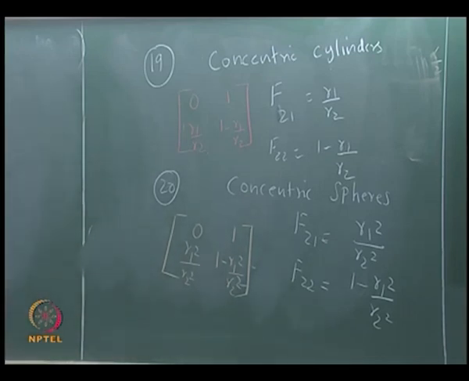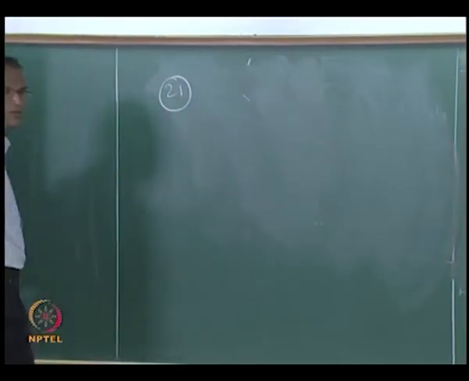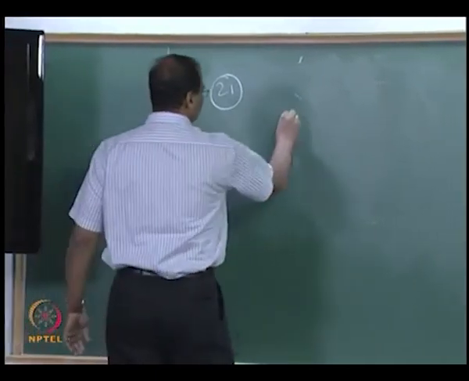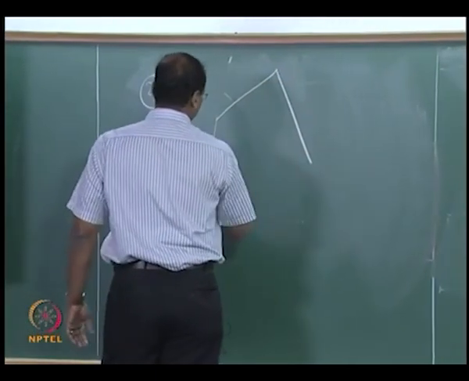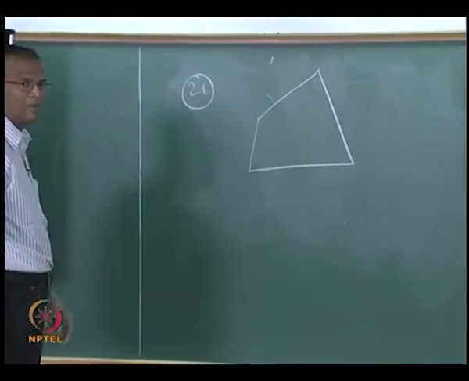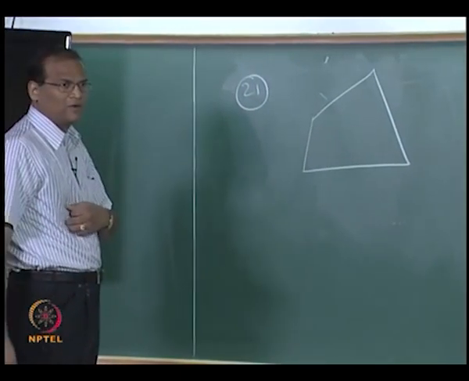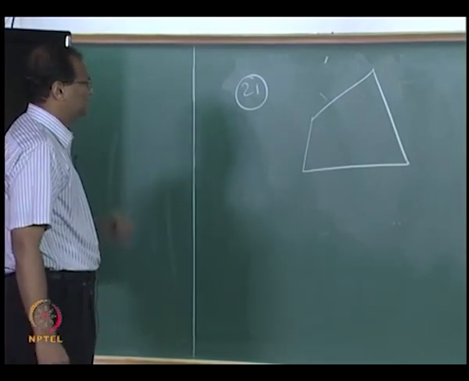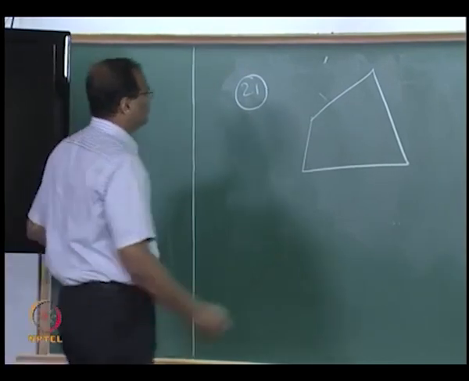Let's escalate the complexity level now. I have a quadrilateral enclosure. Okay, so can you do like this?